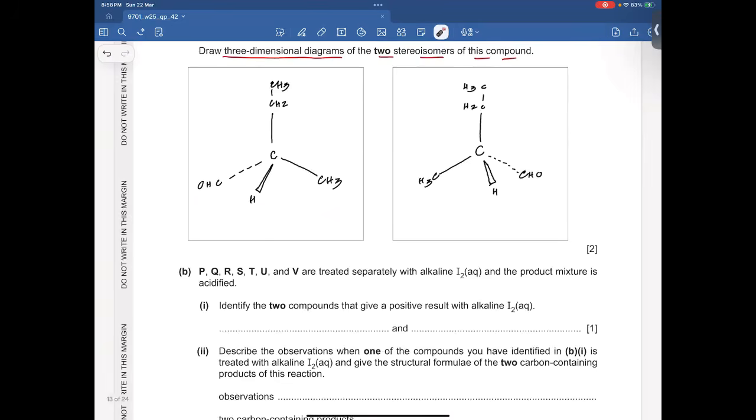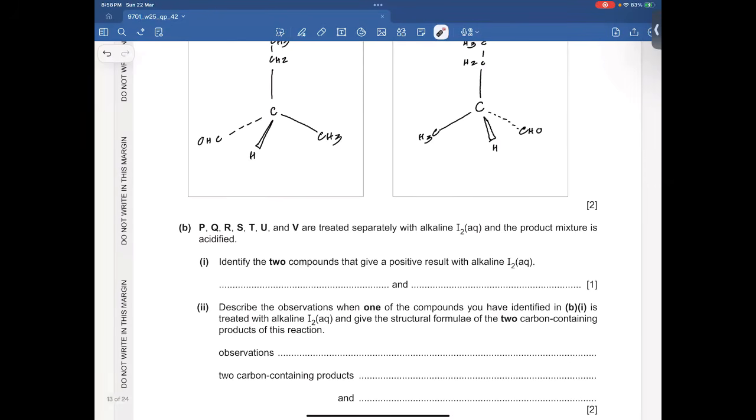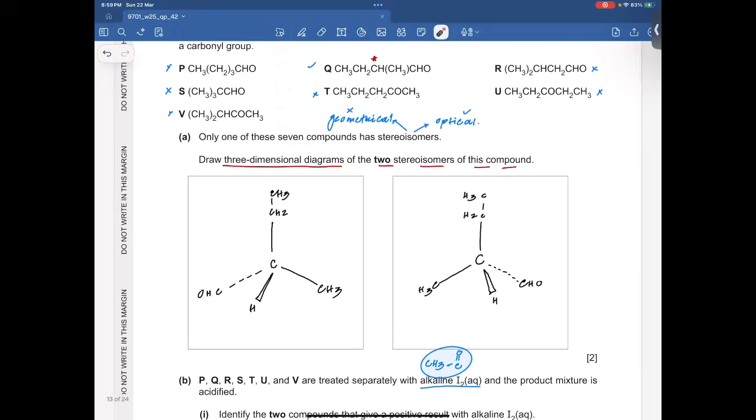Next, P, Q, R, S, T, U and V are treated separately with alkaline aqueous iodine. That's important. Alkaline aqueous iodine gives a positive result when the aldehyde or ketone has this group, CH3CO. So let me search which compound has this group.